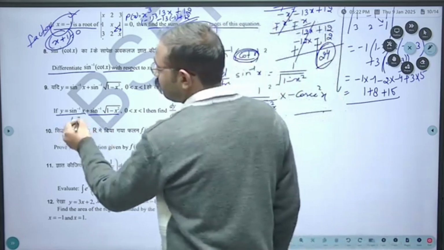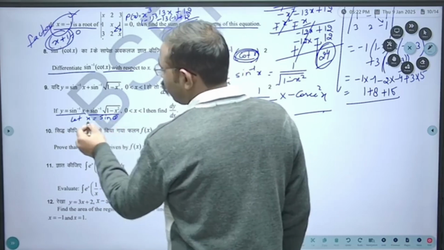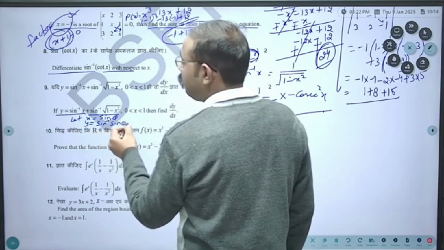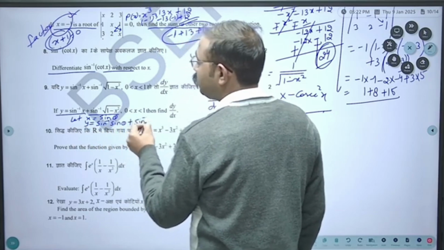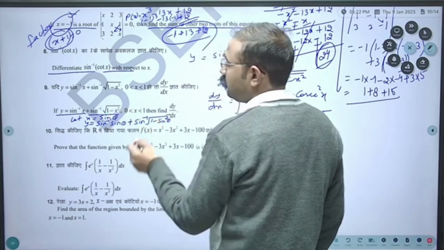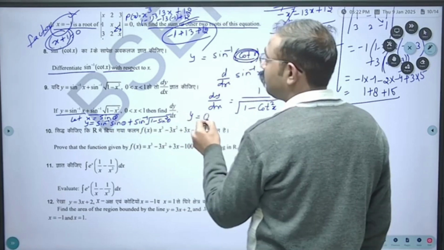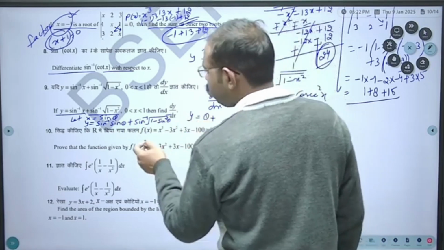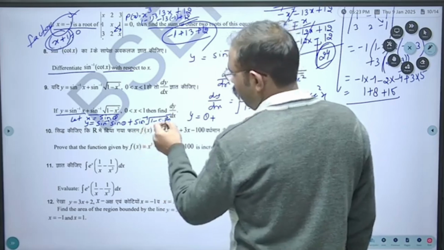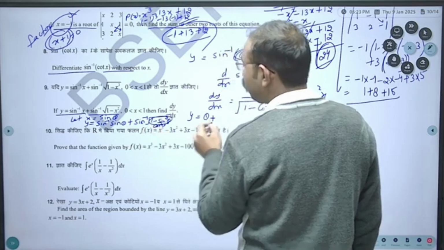Let x be equal to sine theta. Then y is equal to sine inverse sine theta plus sine inverse root 1 minus, in place of x, sine square theta. Sine inverse and sine cancel, theta is there, plus sine inverse root of 1 minus sine square theta, which is cos square theta, and the square and square root cancel.